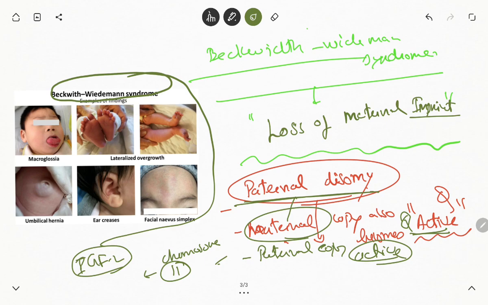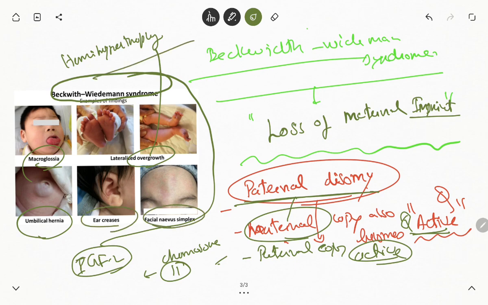It is characterized by macroglossia. Usually the limb will be hypertrophied, that is called hemihypertrophy, due to the increased insulin-like growth factor receptor. Other features include umbilical hernia, macroglossia, overgrowth called hemihypertrophy, facial nevus, ear creases, and some other features also seen. These are the important features that have been asked in your exams.